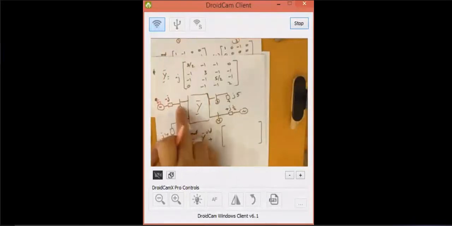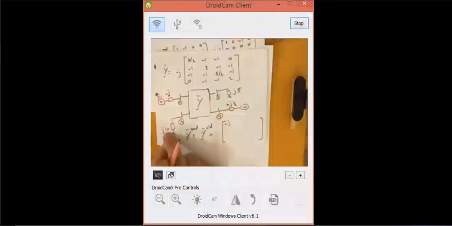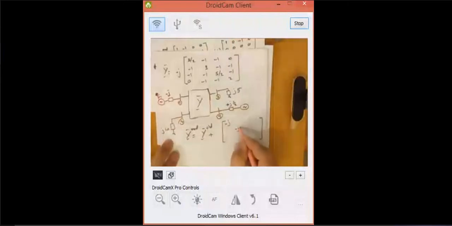Bus number 2, we have a load with j equal to 10. 1 over j10 is equal to minus j0.1. It is going to affect only bus number 2.